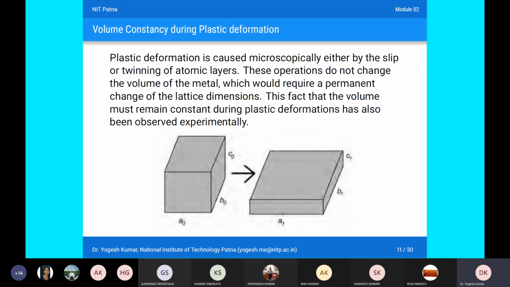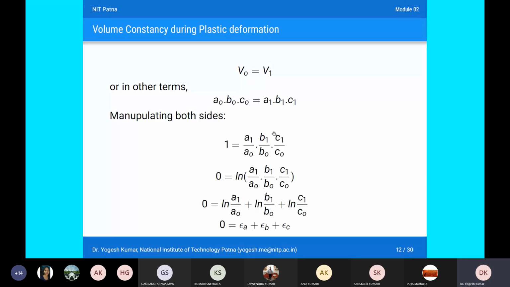Then we tried to see the volume constancy during plastic deformation, and under this there was some typo error in the numerator part. The numerator and denominator got exchanged. I told during the lecture that I will be correcting this, and these are the correct formulas.